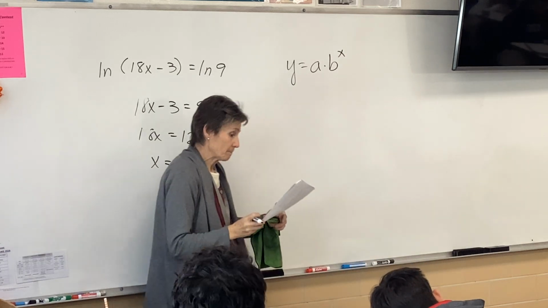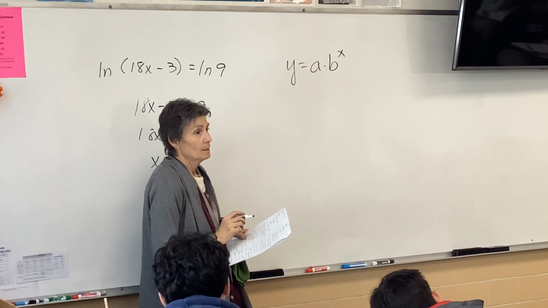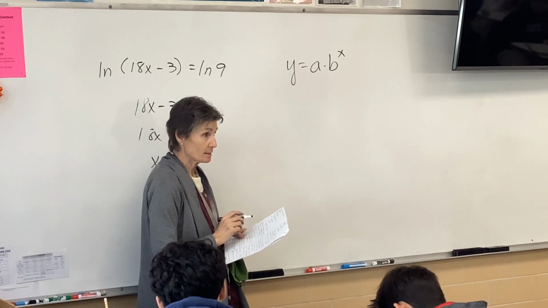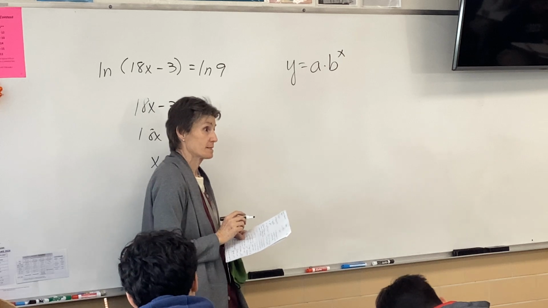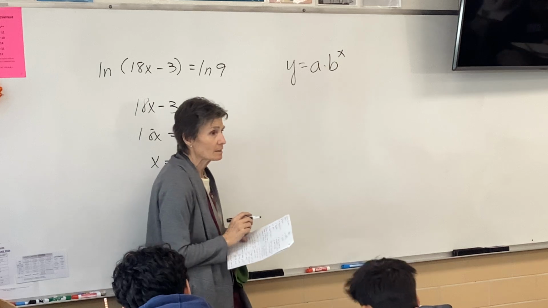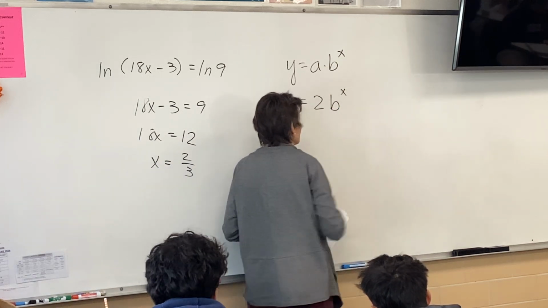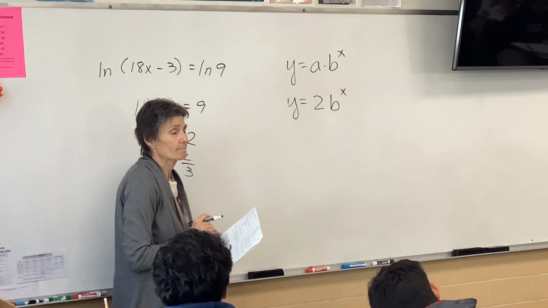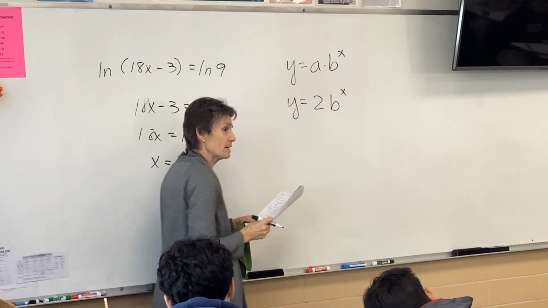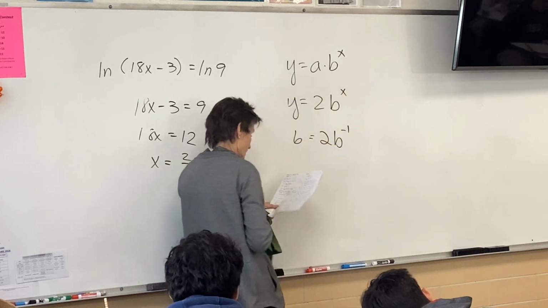All right, and what do I know? I know that if I plug in 0 for x, I get 2 for y. So what does that mean? a equals 2. And then I know that if I put in -1 for x, y is 6.